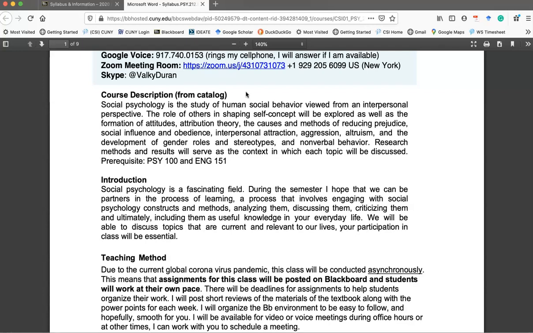The role of others in shaping self-concept will be explored, as well as the formation of attitudes, attribution theory, the causes and methods of reducing prejudice, social influence and obedience, interpersonal attraction, aggression, altruism, and the development of gender roles and stereotypes, and nonverbal behavior. Research methods and results will serve as the context in which each topic will be discussed.